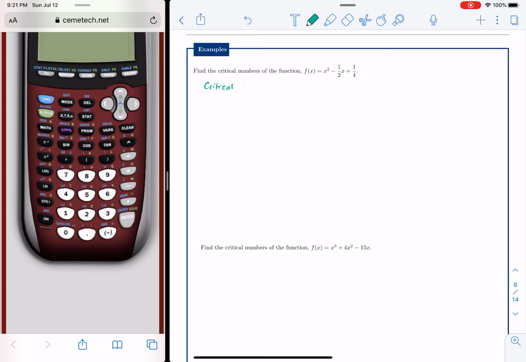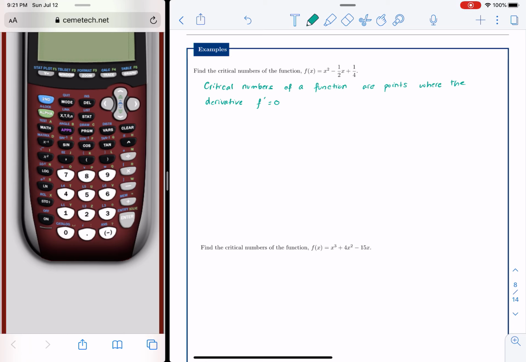Recall, critical numbers are points where the derivative of the function is equal to 0.